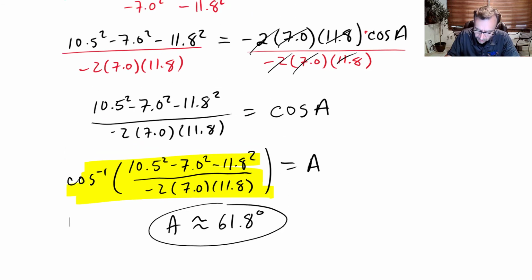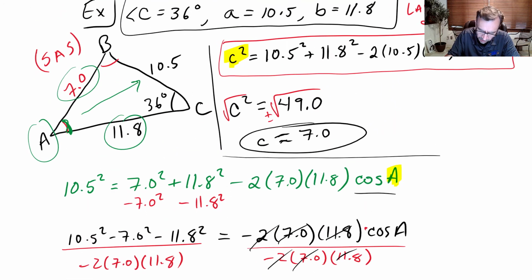Okay, so let's go back to our original triangle we're trying to solve. We just found angle A to be 61.8 degrees, so I can put that in there. And then to find the last angle B, that should be pretty easy.